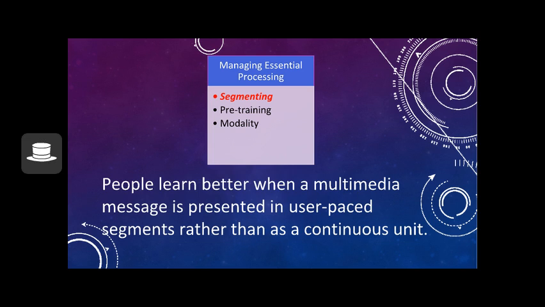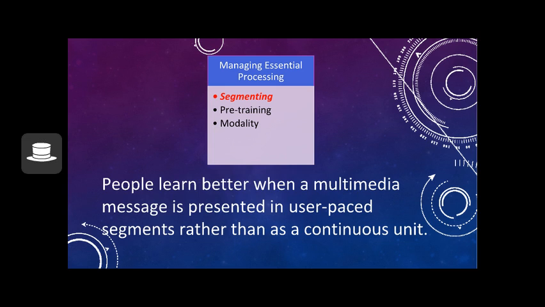We can do this in a couple of ways. We can break a lesson into parts, and we want to make those segments clear to the learner because the learner may not necessarily know that they need to stop in order to give themselves time to process that information, and they may use extraneous processing to determine how to break the lesson into segments.